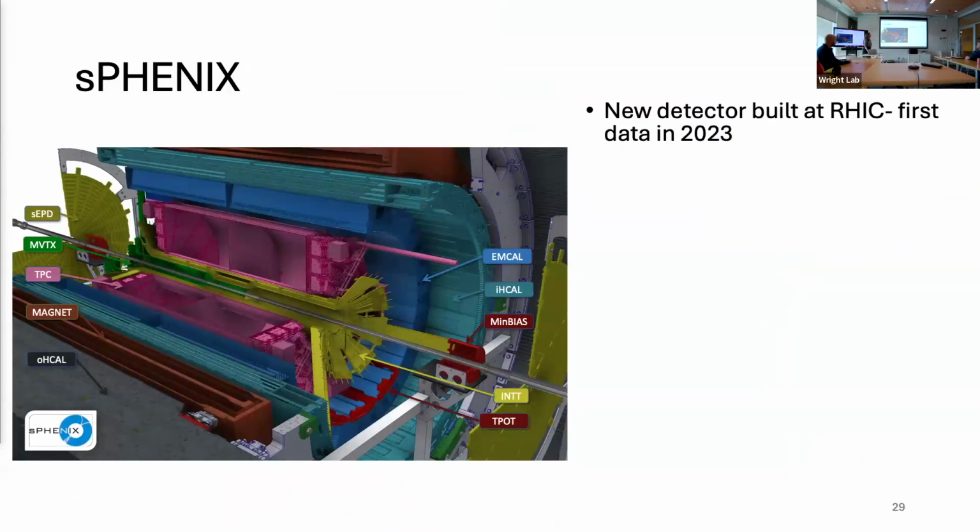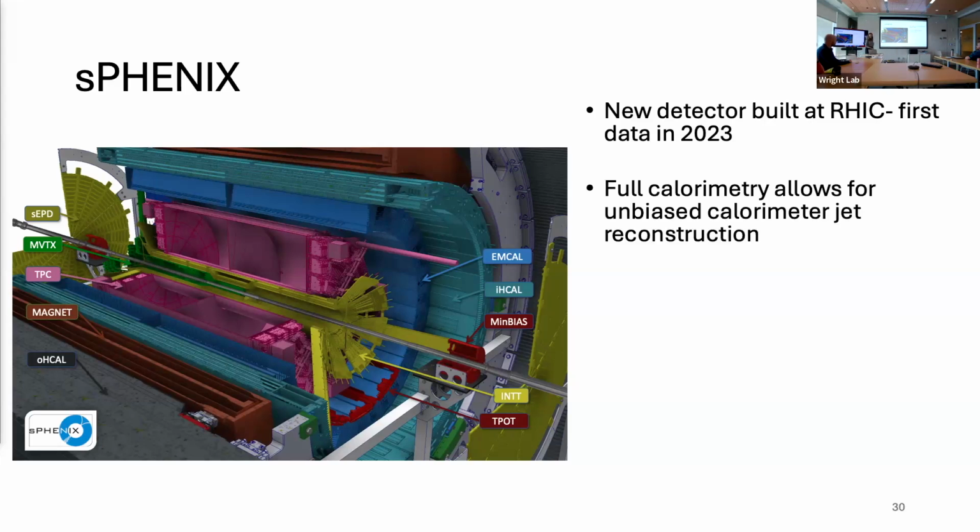sPHENIX is a very new detector that was built at RHIC and took first data last year. It was basically built, and then a few weeks later we were taking data, so it's very, very new. It has a full calorimetry system. This is really towards the jet physics, because we wanted to be able to measure the hadronic and electromagnetic components of calorimetric jet energy without bias.